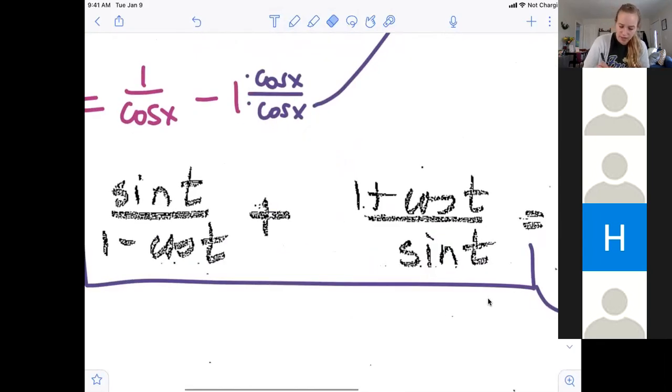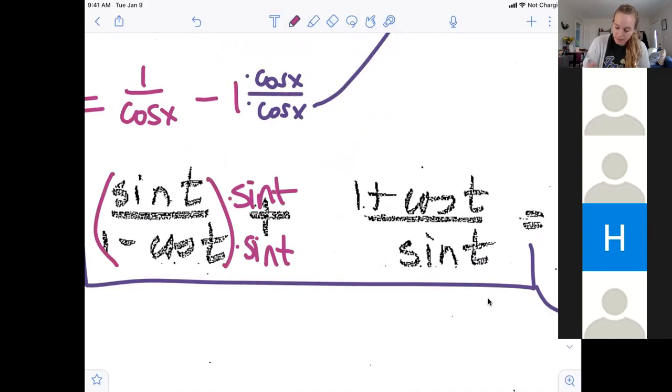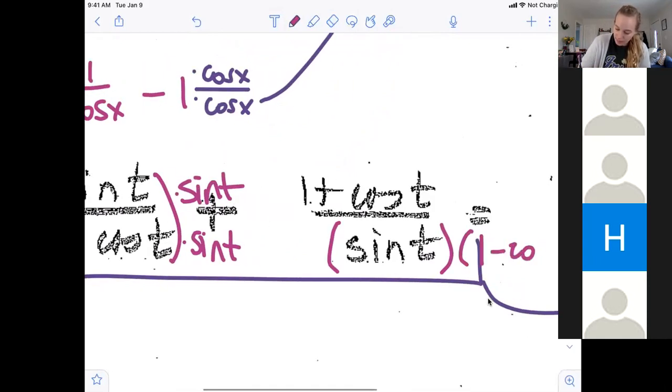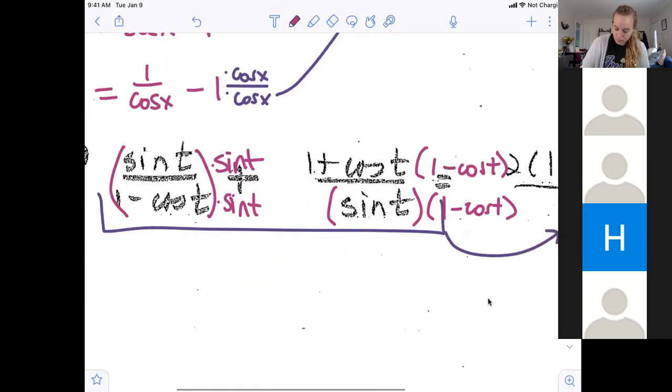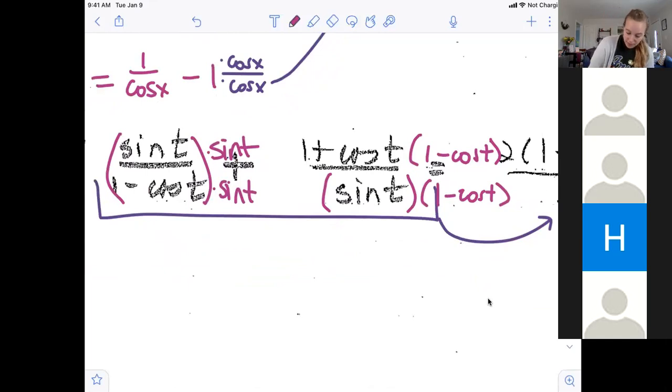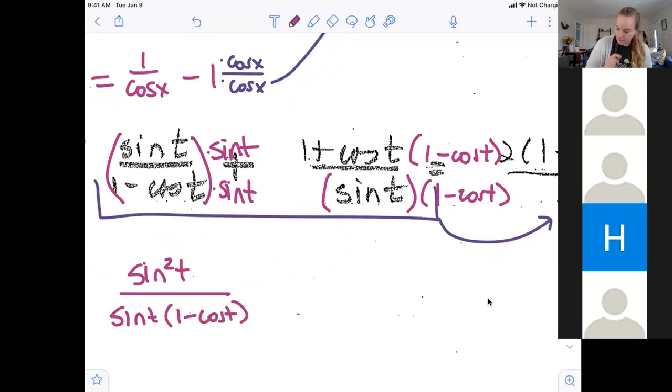I made it a little harder for the last class, so maybe this will be a little bit easier for all of us. So I'm just going to multiply by sine on top and bottom for the first one to get sine in the top and bottom. And I'm going to multiply by 1 minus cosine on top and bottom for the second fraction. That gives me sine squared t on top, and I'm going to keep the bottom simplified: sine t times 1 minus cosine t.